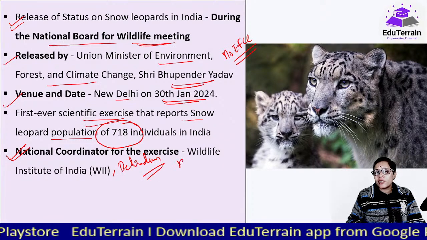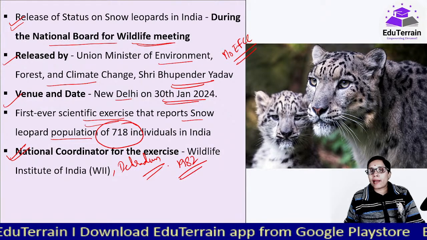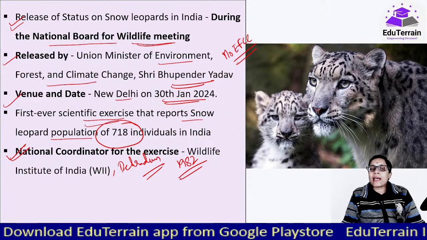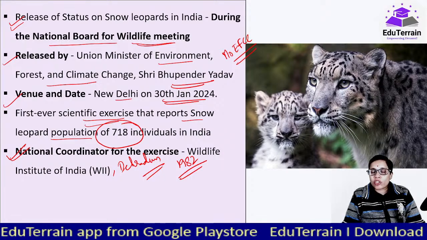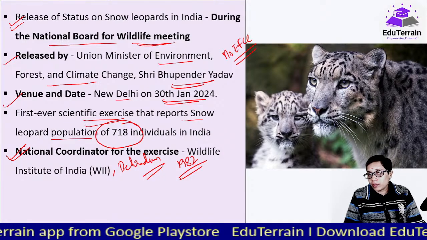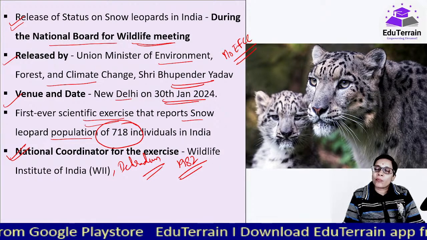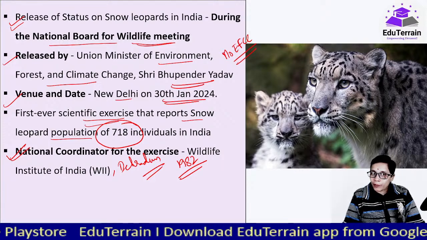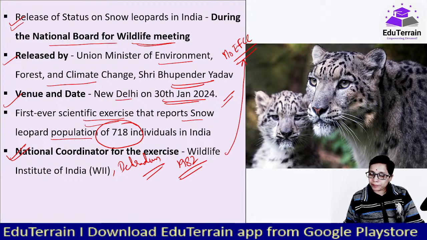This was established in 1982 under the Ministry of Environment, Forest and Climate Change as an autonomous body that looks into the various aspects of wildlife conservation, their protection, and what initiatives can be taken in order to conserve them. All of this is their responsibility, again under the Ministry of Environment, Forest and Climate Change.